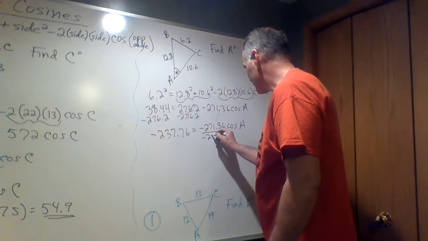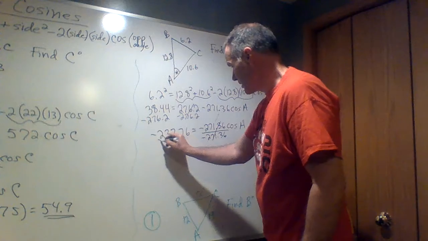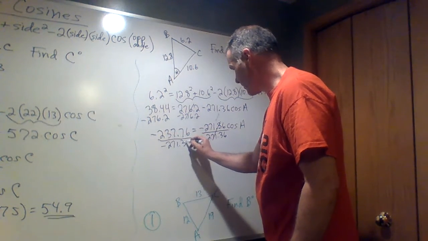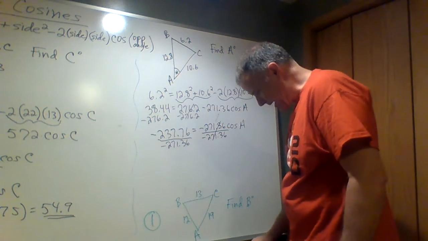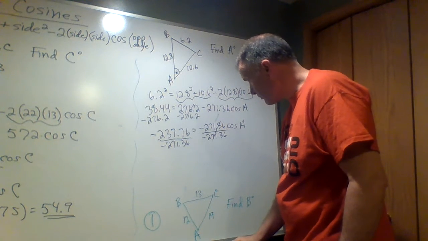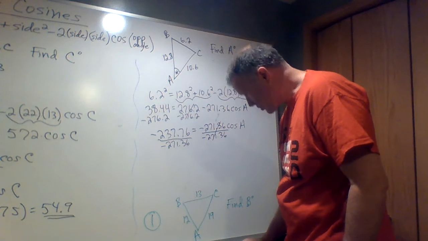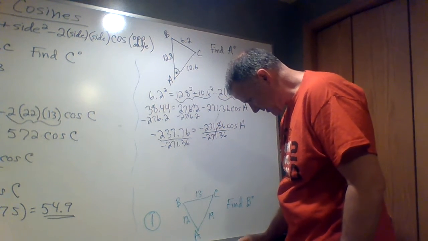Whatever's in front of cosine A, I need to divide. So divide by the negative 271.36, cancels. Negative divided by negative is going to turn positive. So negative 237.76 divided by negative 271.36.